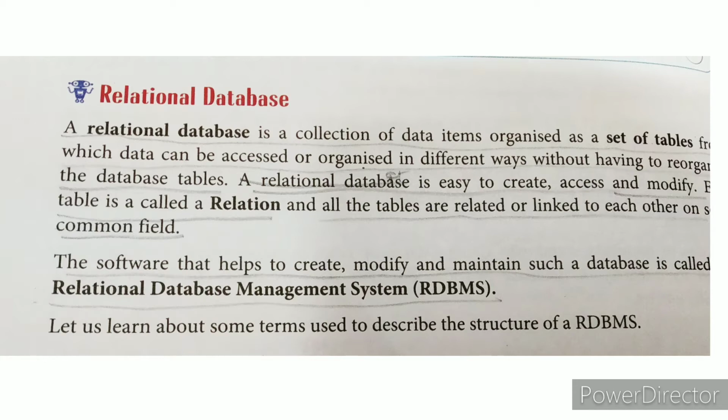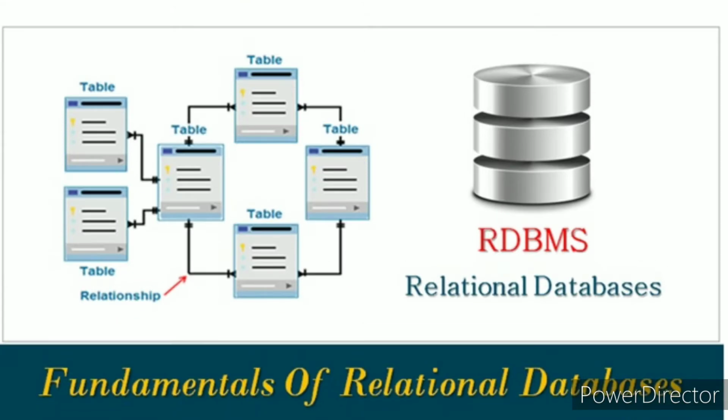Relational database. It is a collection of data items organized as a set of tables from which data can be accessed or organized in different ways without having to reorganize the database tables. It is easy to create, access, and modify.